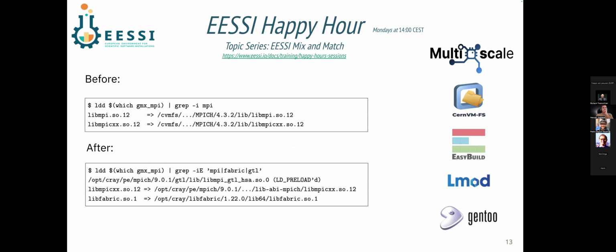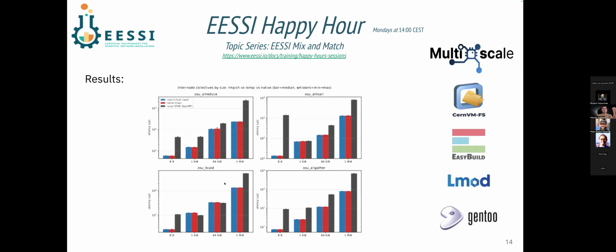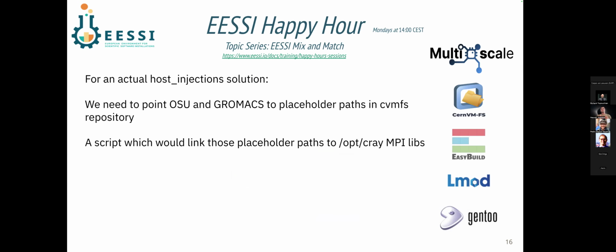Now, this solution that we did of stripping off the RPATH and manually loading these libraries to LD_LIBRARY_PATH was a hack, so we don't have to use the host injection solution for now. Once we have the host injection solution in place, we need to point TOSU, GROMACS and other applications to a placeholder path in the CVMFS repository.